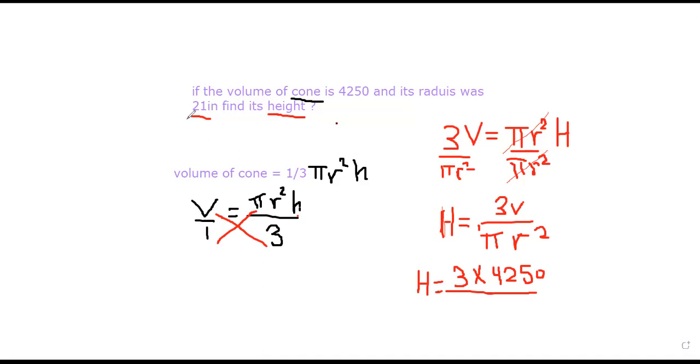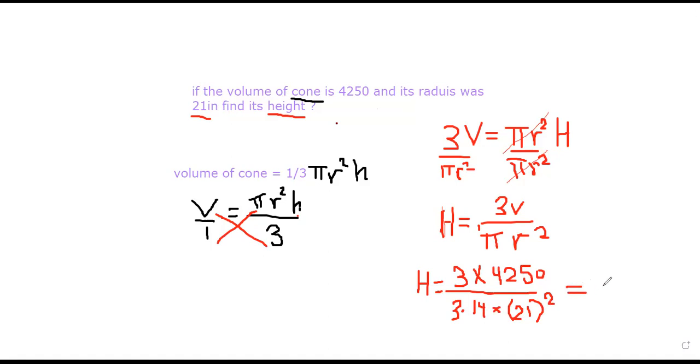Anyway, by the end we have the same answer. Then it will be 3 times 3.14 times the value of r, which was 21. So it will be 21 to the power of 2, and then we will simplify.